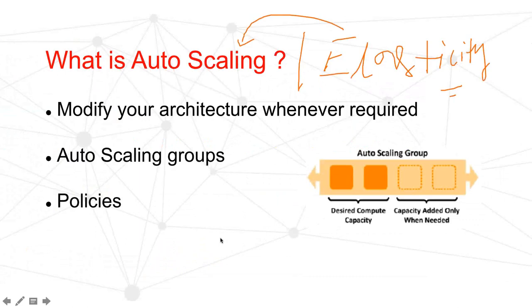Also, we define policies in auto-scaling. Now, this is quite important. Policies mean how you're going to grow or shrink your architecture. Policies mean what thresholds you want to define. So in the policies, we define the thresholds.